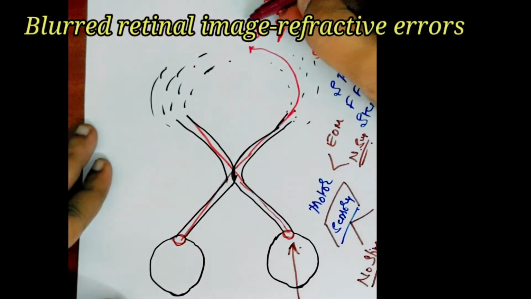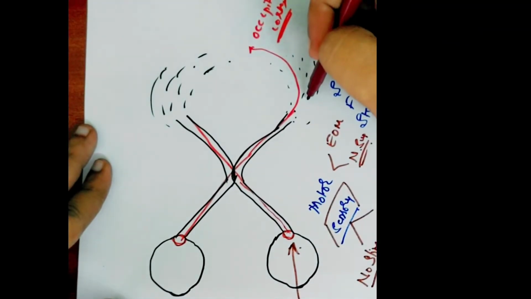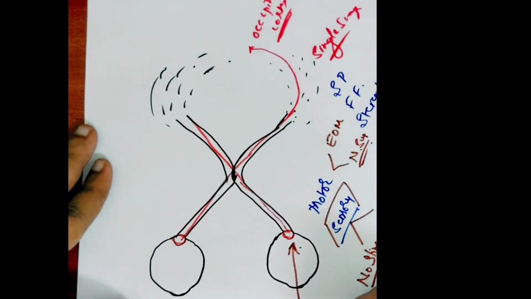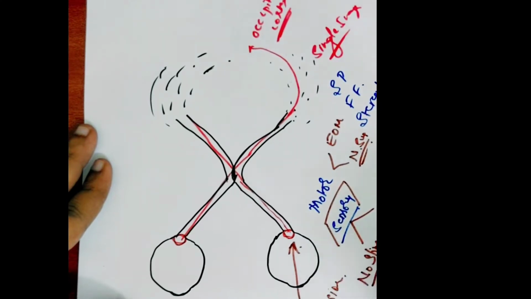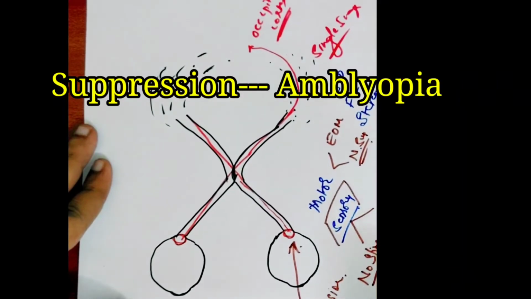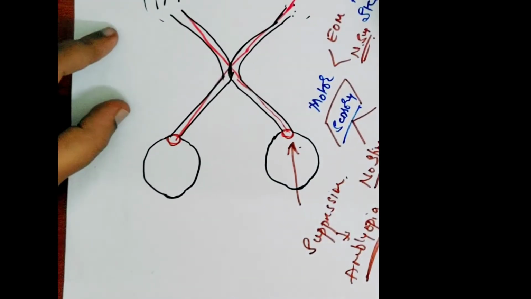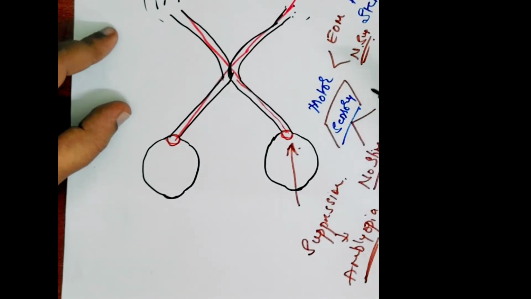So the brain fails to fuse the image from the subnormal eye and the normal eye. Then the process of suppression is seen, which goes on to amblyopia. The brain starts neglecting the image from the abnormal eye.